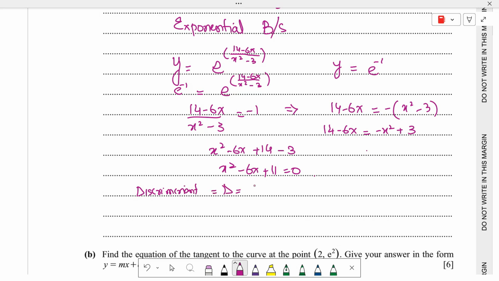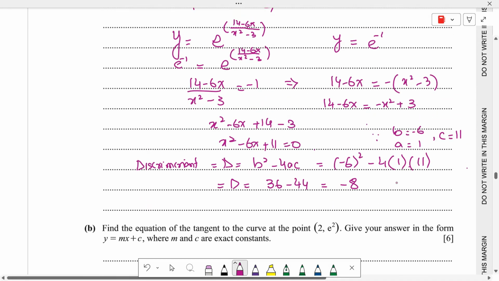D is equal to b squared minus 4ac, and in this case b is negative 6, a is 1, and c is 11. So b squared means negative 6 squared, minus 4 times a, which is 1, and c, which is 11. So when we solve it, D will be equal to 36 minus 44, which is equal to negative 8.